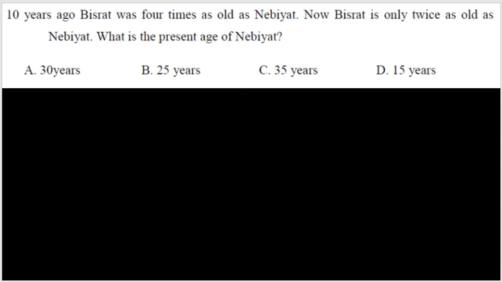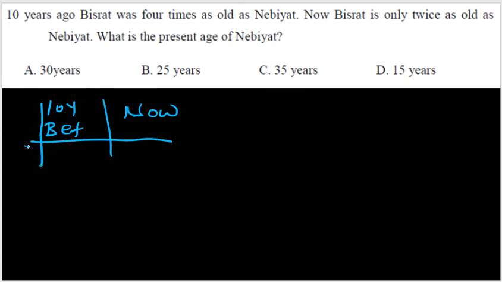There are 2 people and there are 2 time intervals. The 2 people are Busrat and Nabiat, and the time is before 10 years and now. So 10 years before and now. These are the 2 time categories, and the people are 2. What are they? Busrat and Nabiat.